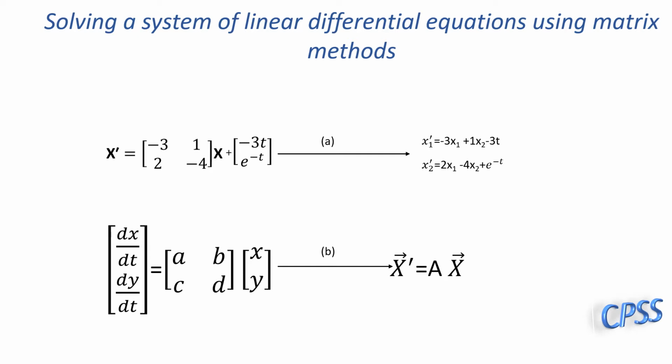And on the left side here, you can see how you can write this in terms of a 2x2 matrix and also a column vector. So you can shortcut. There are other ways of solving these types of differential equations, but using matrix methods is a shortcut of doing that.